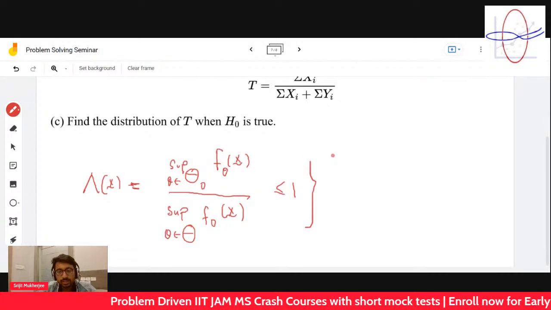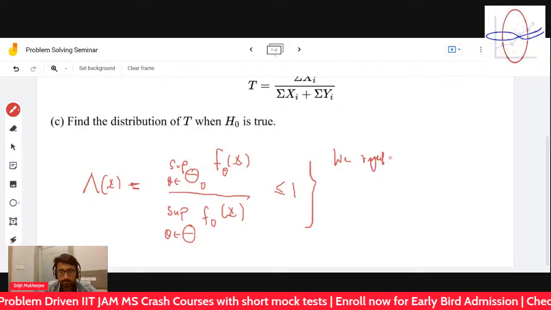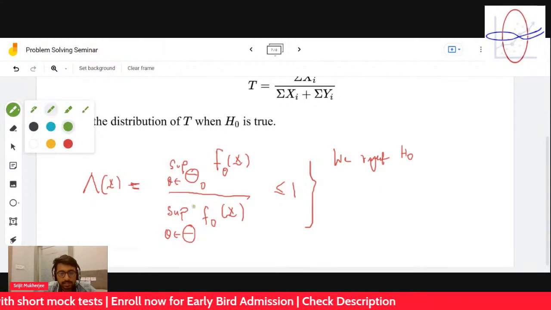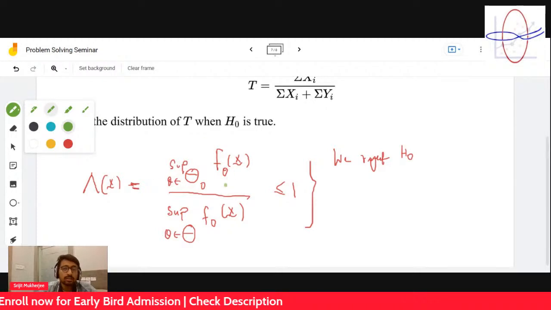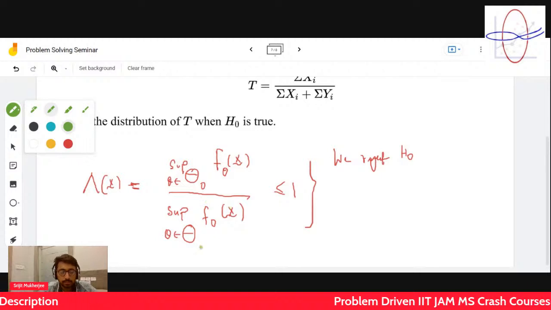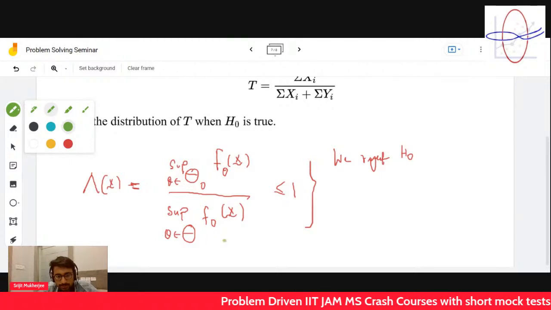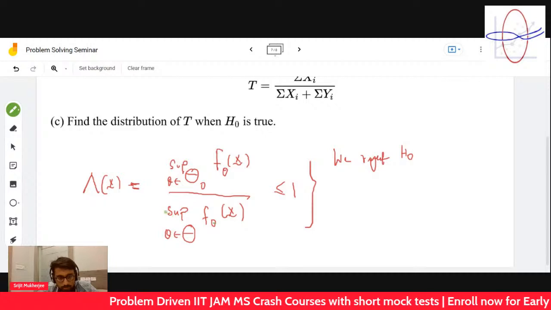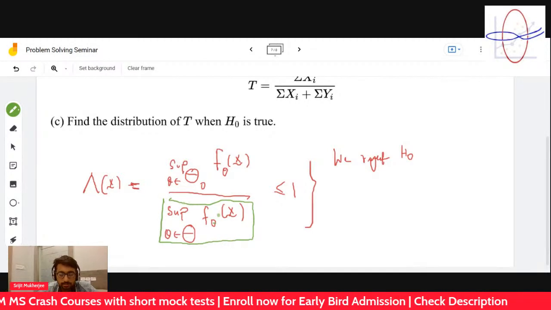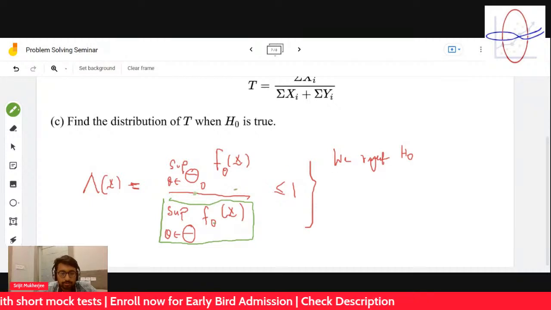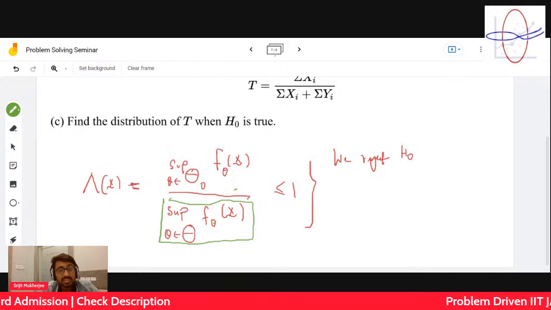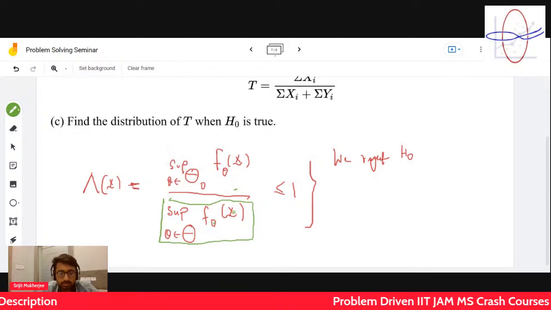So we reject H naught if the probability of the likelihood under H naught is very, very small compared to the actual one, the supremum is just the MLE, the value of the likelihood at the MLE. So we reject H naught if the supremum over the null hypothesis is really small with respect to the actual one.